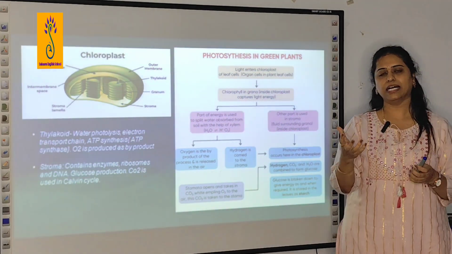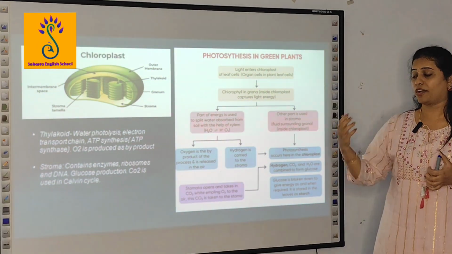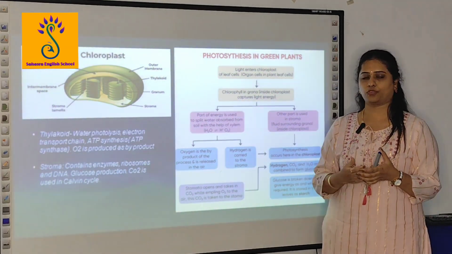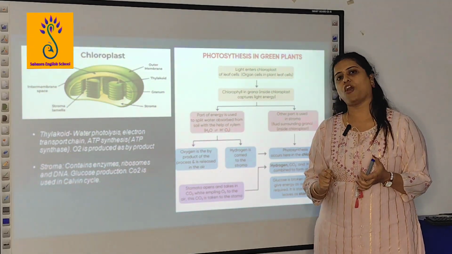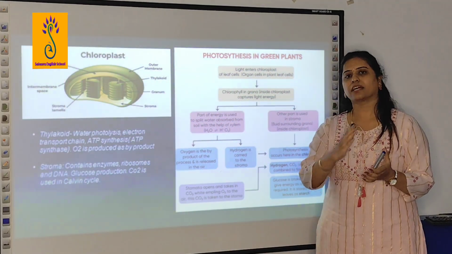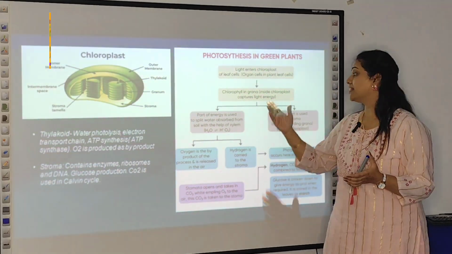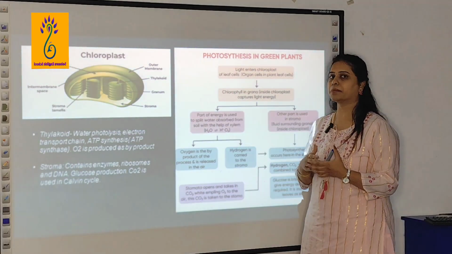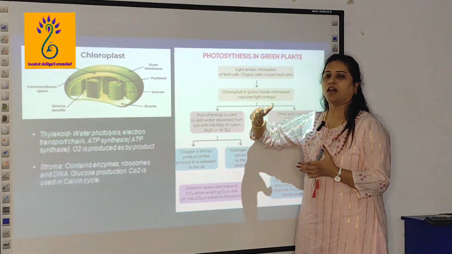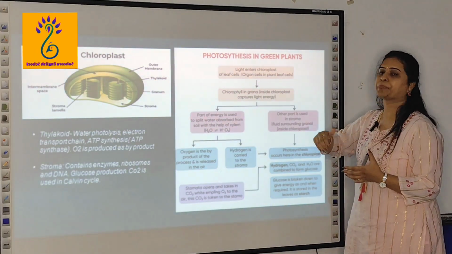Already we have seen the events of photosynthesis. The first process is absorption of the light energy and conversion of that light energy into chemical energy. That energy is absorbed by the green pigment present in grana or in the thylakoids, that is chlorophyll.